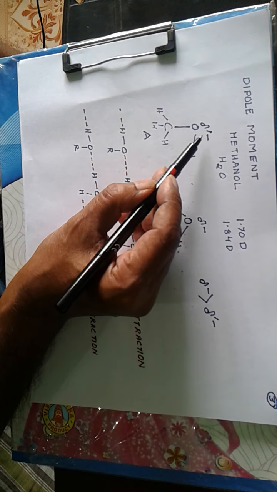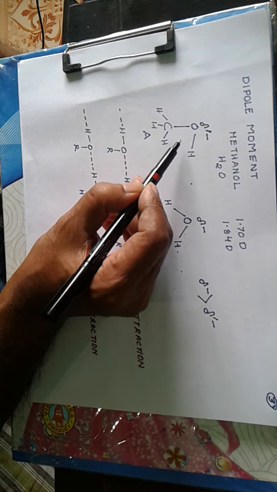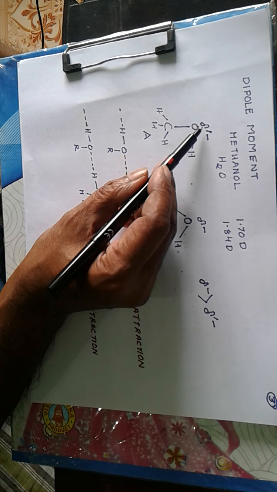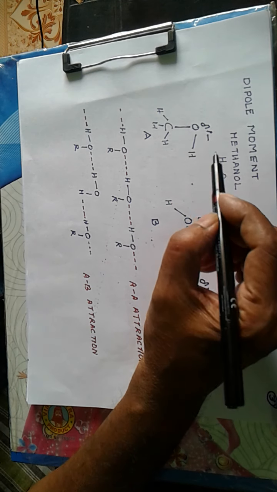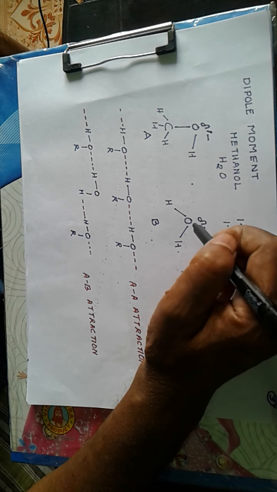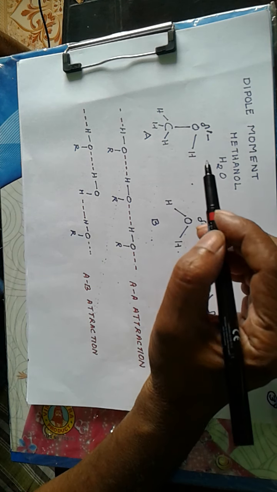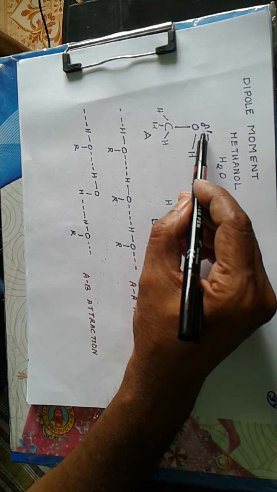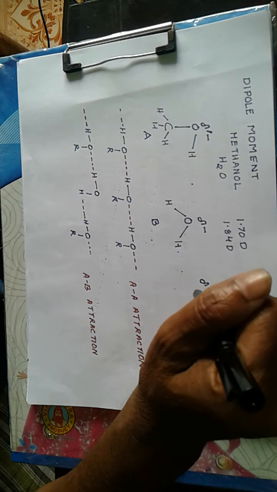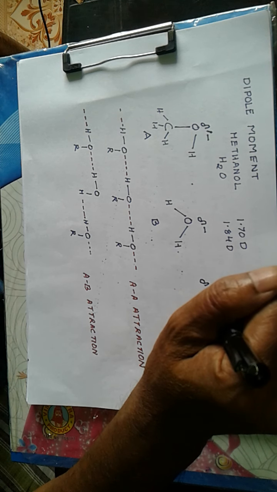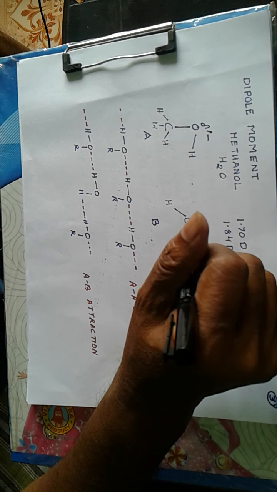Anyway, the magnitude of the total positive charge here will be equal to the magnitude of delta negative. So there is a partial negative charge over oxygen in water and over oxygen in methanol. Now here the partial negative charge on oxygen in methanol is found to be less than that in water.